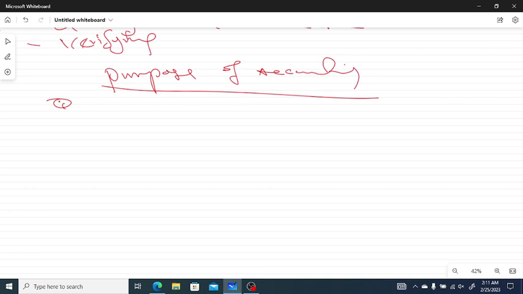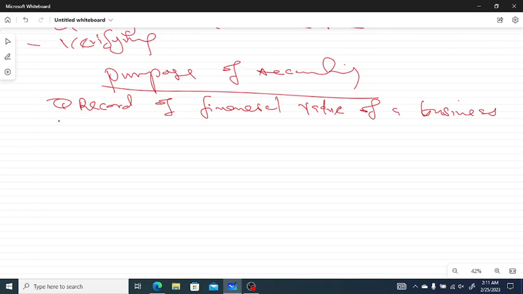One, it provides a record of financial value of a business. So this is one of them, the purpose of accounting.